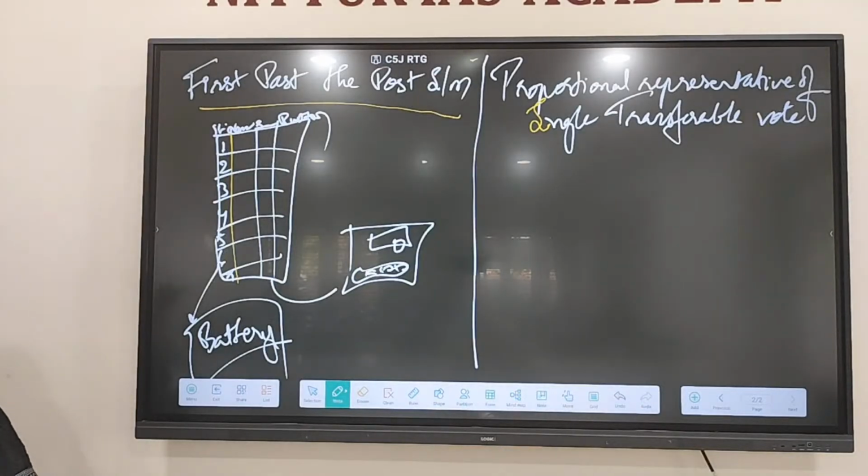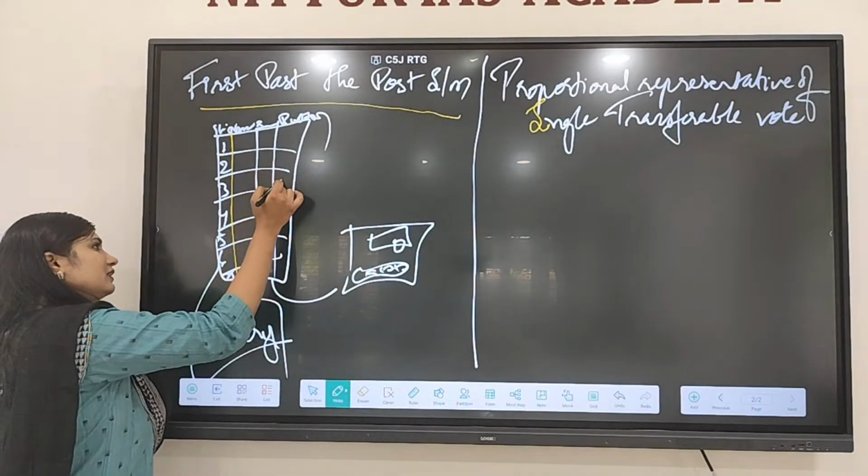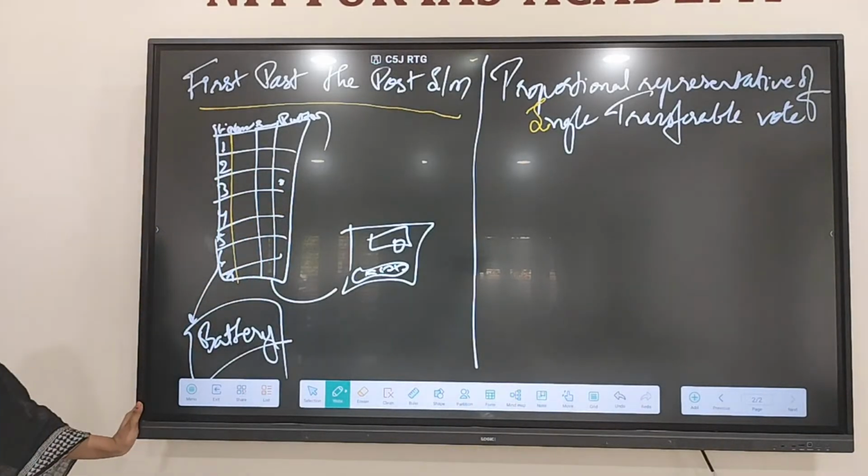When voters go to the polling booth, what will they do? They will vote for any one candidate. They will just click the button.